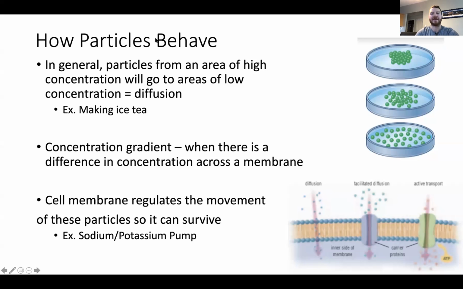If we look at our images on the right side of the screen here, if we have a concentrated lump of whatever, given time, it is going to diffuse or dissolve into a solution so that its concentration is going to be equal throughout. So it'll be homogeneous, right?